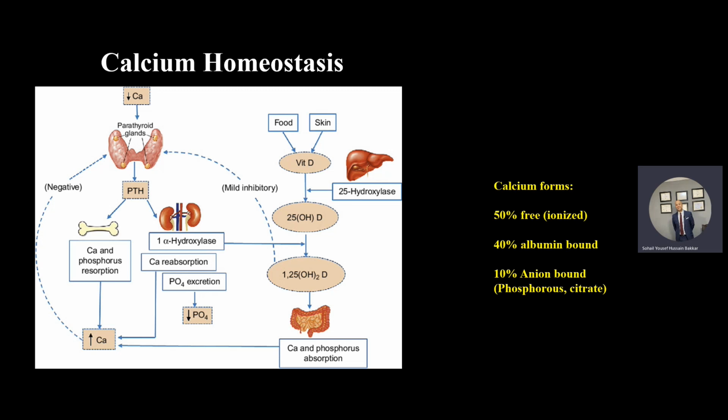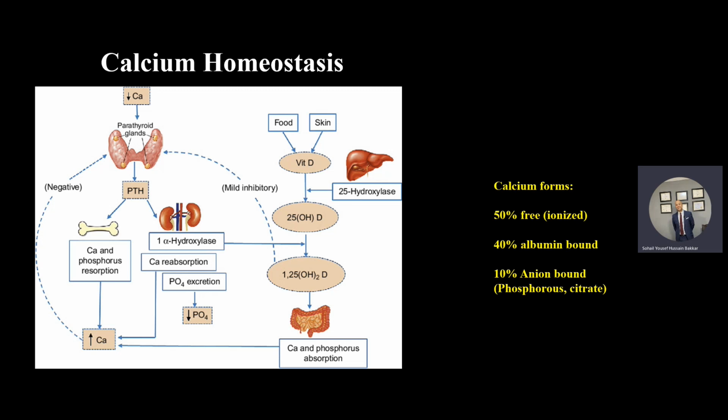However, in secondary hyperparathyroidism, we know that the excess release from the parathyroid gland is a compensatory mechanism. It is secondary to some factor that has led to a decrease or drop in serum calcium level.